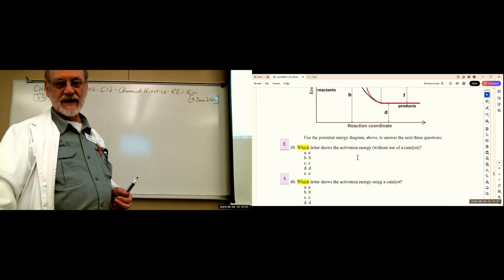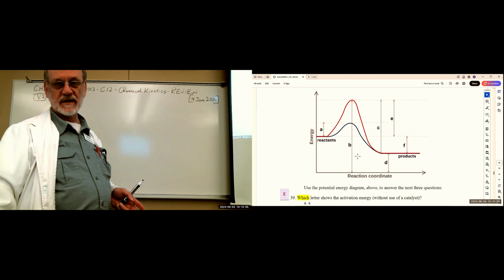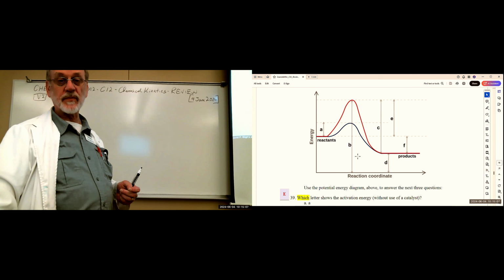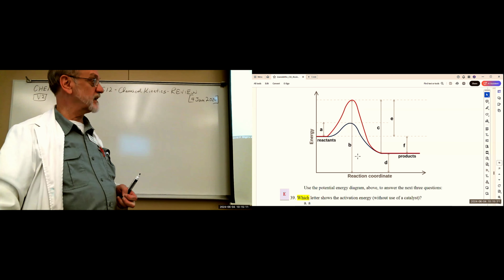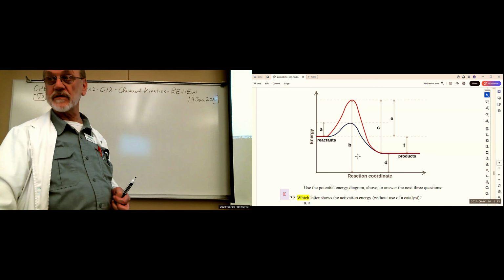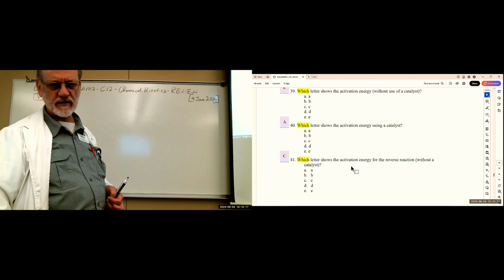Right? With a catalyst, we're looking at reactants to the top of the blue, which is A. That's the activation energy for catalysts.